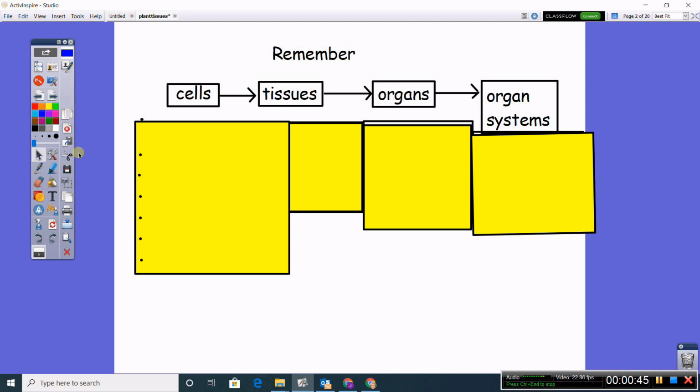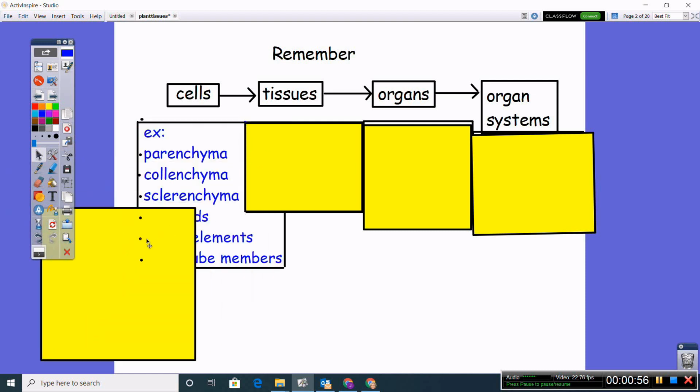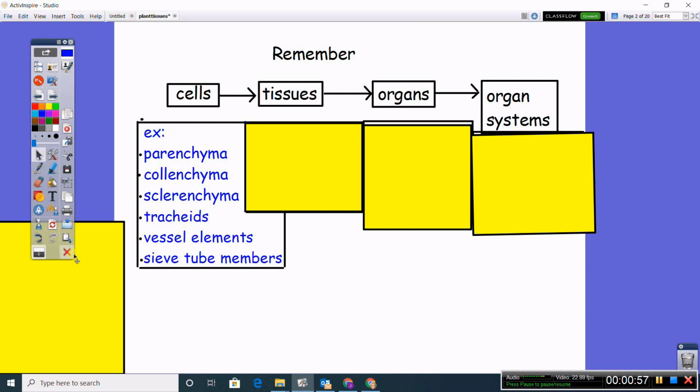So I'm just here on this. This is a sheet that was a single sheet that you got when you picked up all your papers. Okay, so first, these are some of the different cells that we're going to learn about today. We're going to learn about parenchyma, collenchyma, sclerenchyma, tracheids, vessel elements, and sieve tube members.